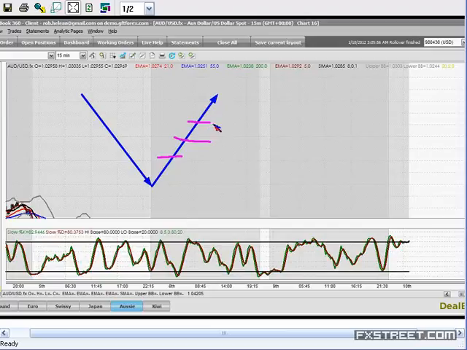Okay? No confirmation, and you'll come out of that day with 3 losers. So, waiting for confirmation is a conservative measure in trading.